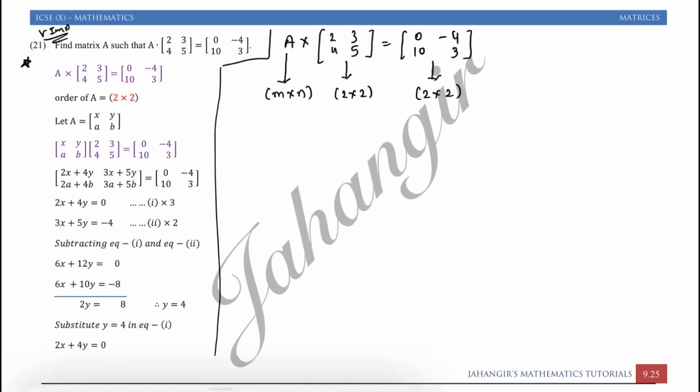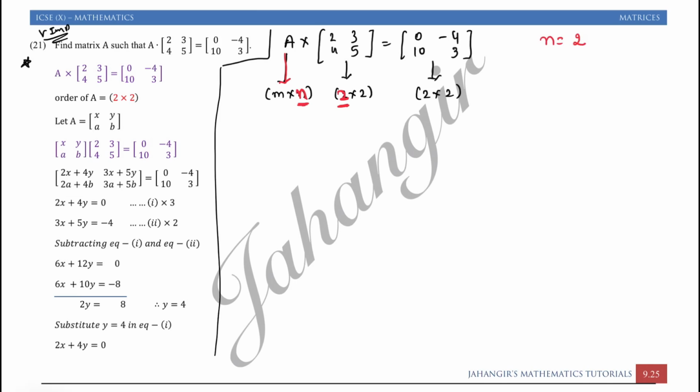Now, as we know, for a multiplication to exist, the number of columns of the first matrix should be equal to the number of rows of the second matrix. So in short my n is 2, because the order of A is m into n, I just assumed it. So from this I can get n is 2. Then only we get an answer.